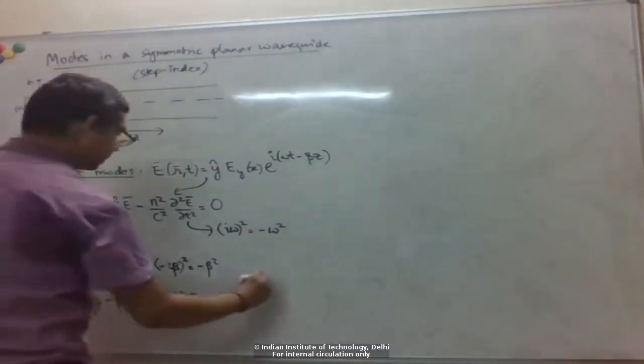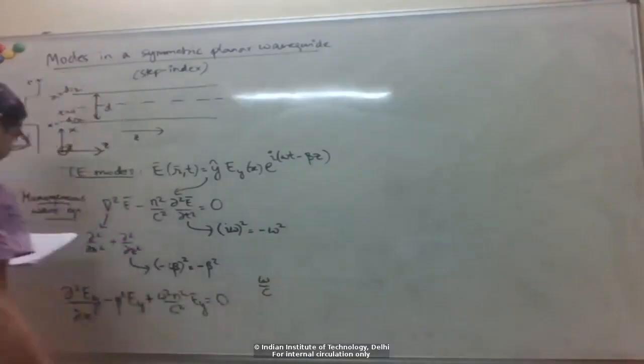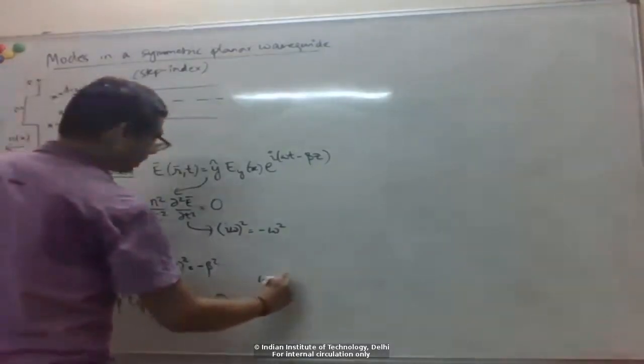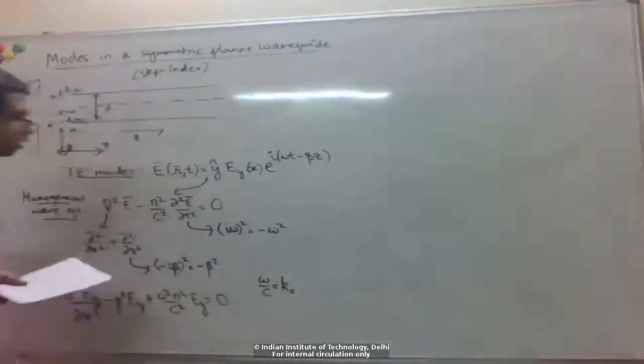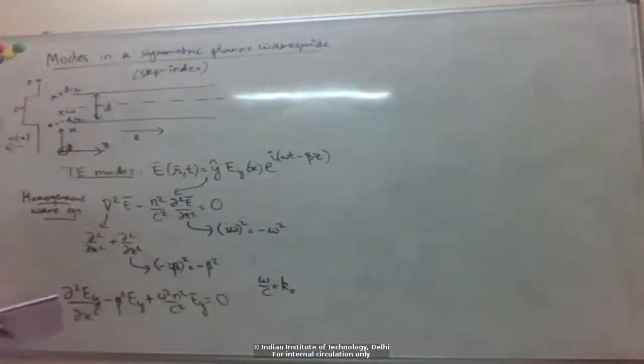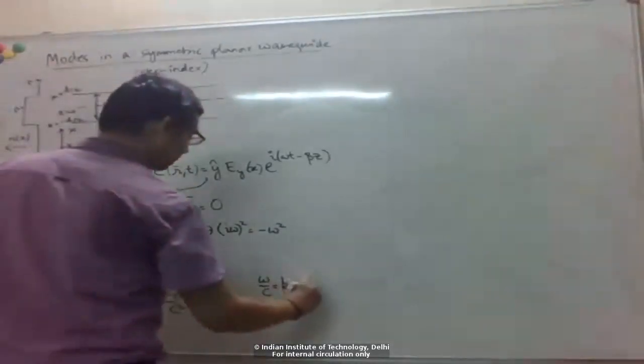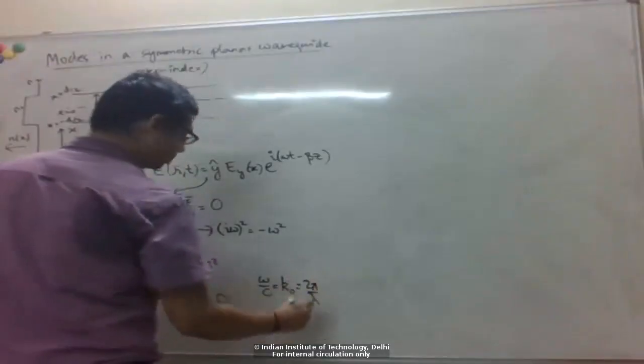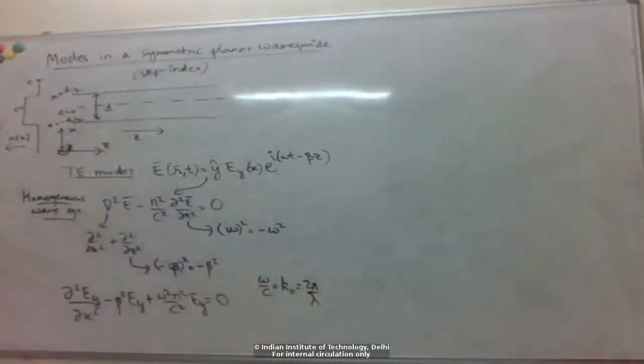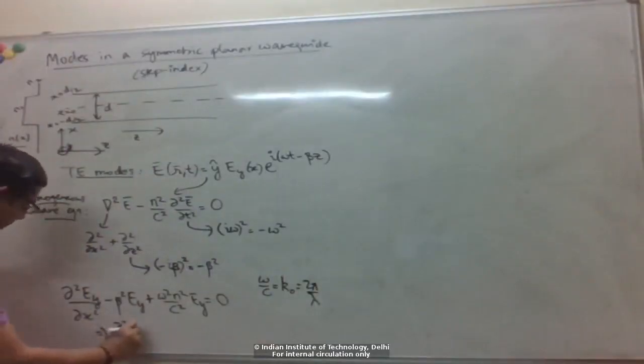Okay, so omega by c is the free space wave vector, which we define as k naught, which is basically 2 pi by the wavelength, the free space wavelength. So basically, we write this like that.